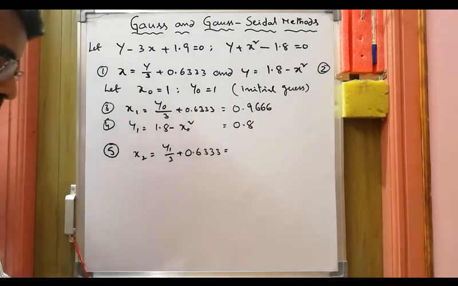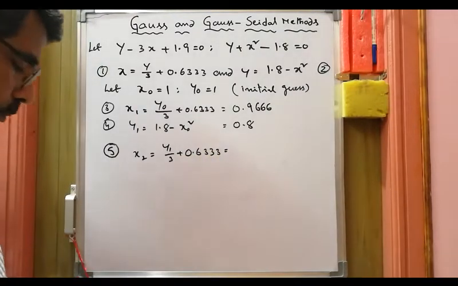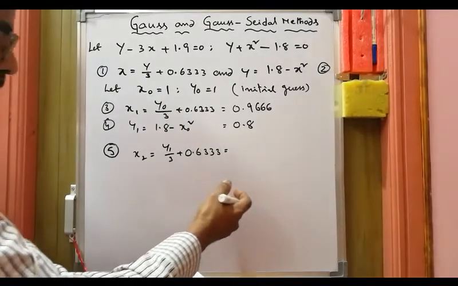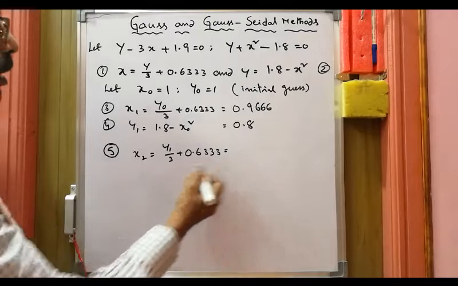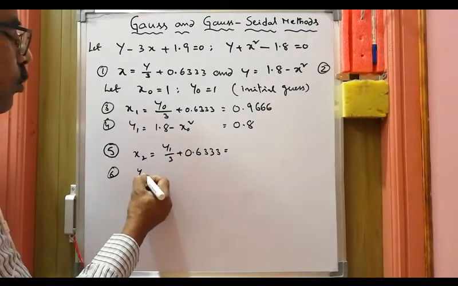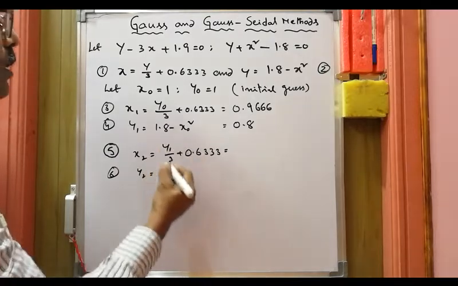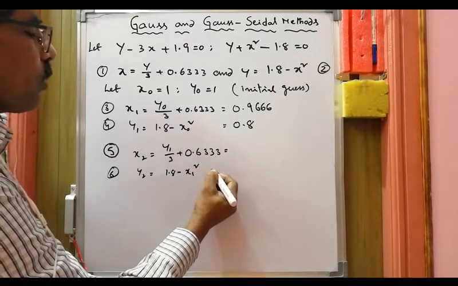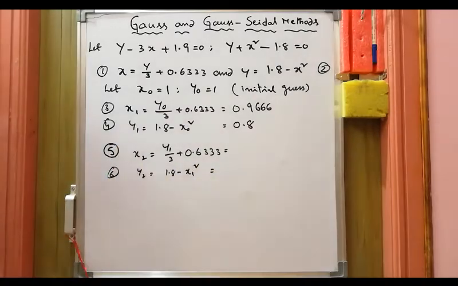So this value is let this be something. Likewise, y2 is 1.8 minus x1 square. So this is 5 and 6.